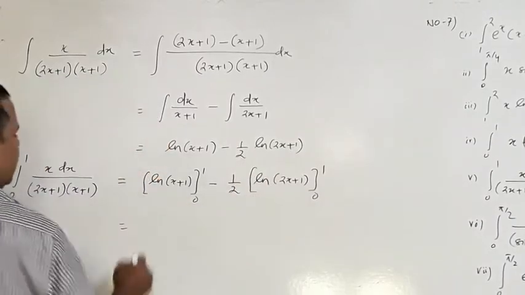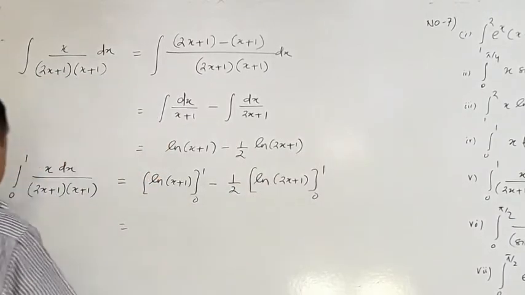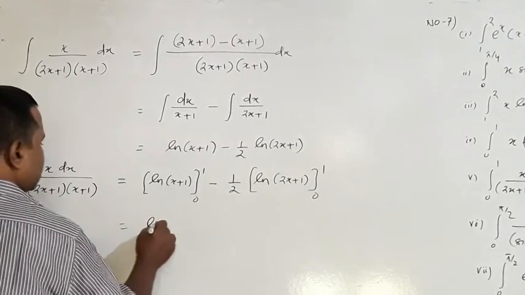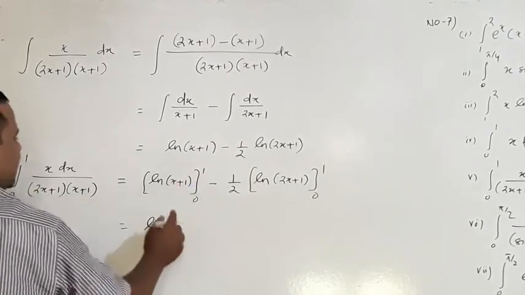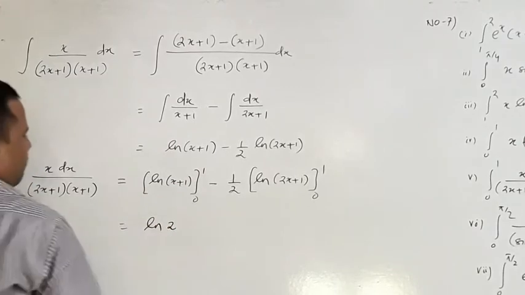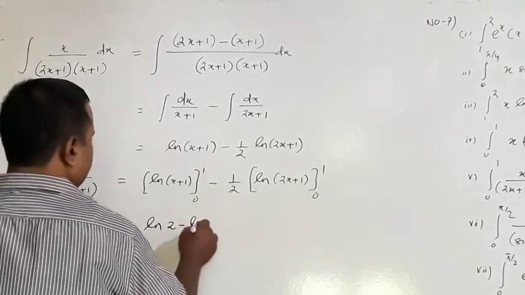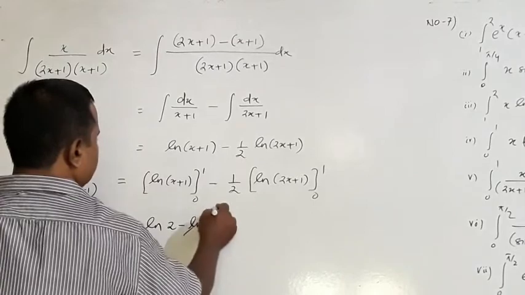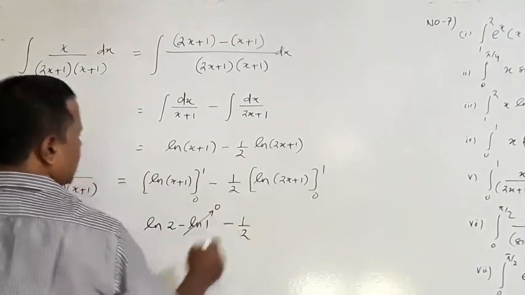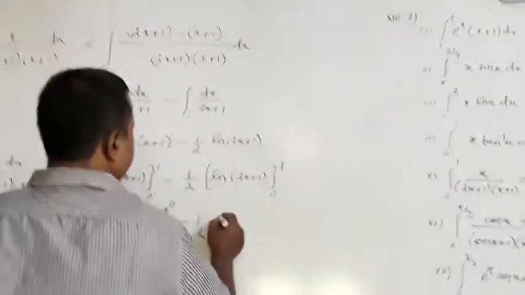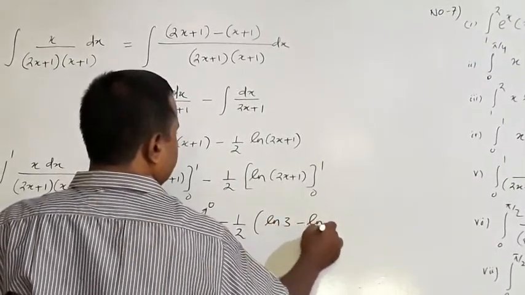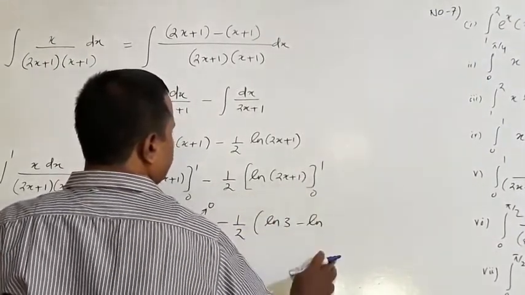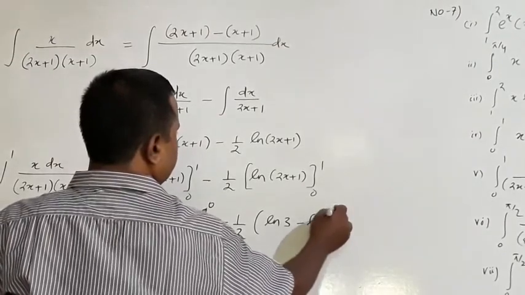Mind it, when you do logarithmic problems in definite integrals, just do like this. Put 1 here: it is ln 2 minus ln 1, whose value is 0, minus 1 by 2. Put 1 here: it is ln 3 minus ln 1, and ln 1 is 0.